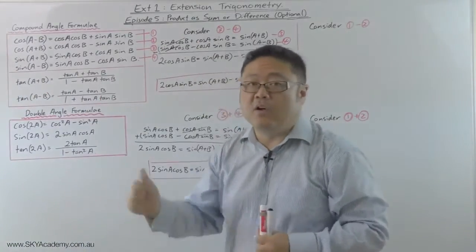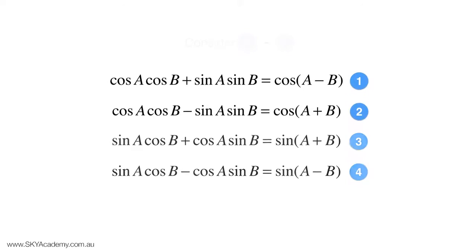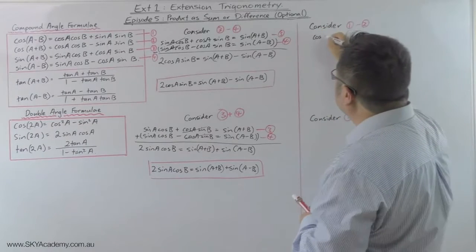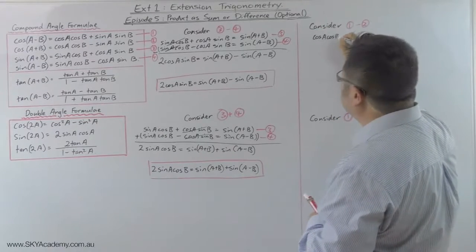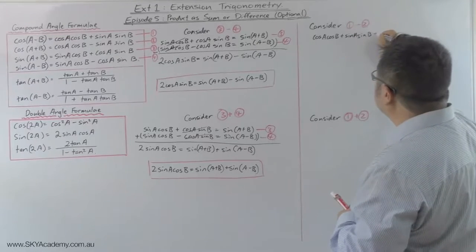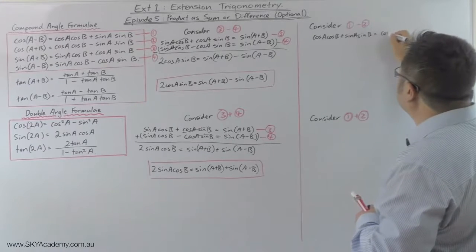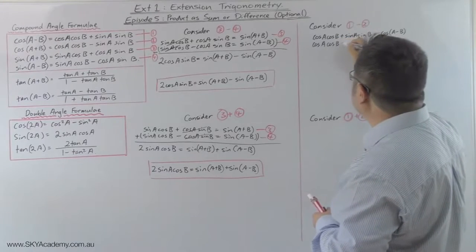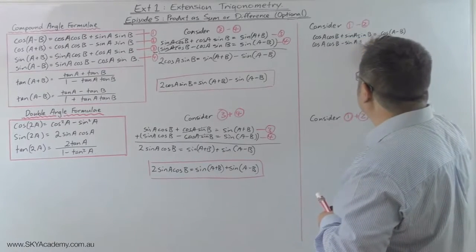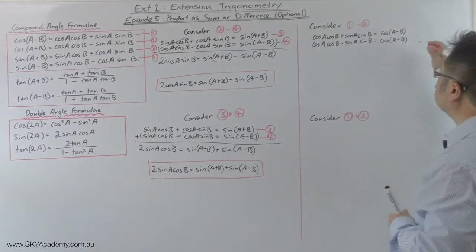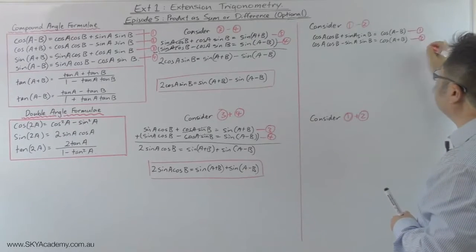Now we're going to do the same thing on the other side, this time with equations 1 and 2, and we're going to subtract equation 1 from equation 2. So we've got cosine A cosine B plus sine A sine B equals cosine A minus B, and cosine A cosine B minus sine A sine B equals cosine A plus B. That's equation 1, that's equation 2.